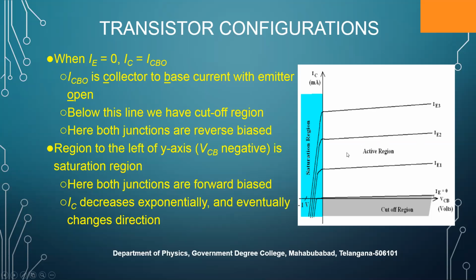If both of them are in reverse bias, it will be in cutoff region. If both of them are in forward bias, the transistor will be in saturation region. We don't require this one. We require this kind of working only when we want the transistors to act as a switch. Okay, just remember that one.